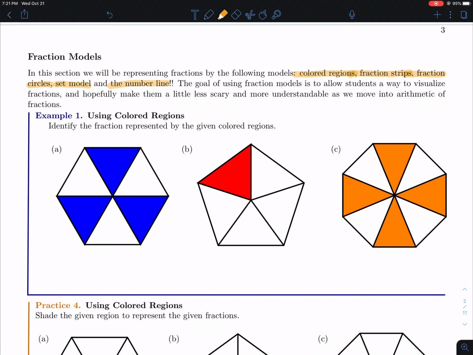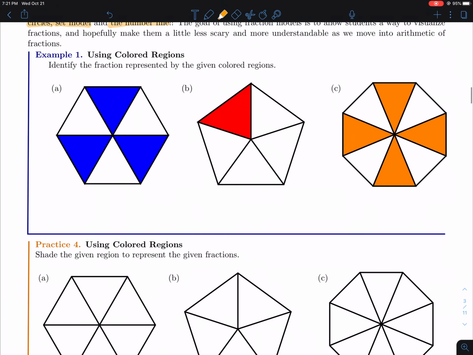So the very first question or example here shows us a couple different colored regions that we had and wants us to identify the fraction represented by the colored regions. What I like to do first is always figure out how this thing's divided up. I usually want to figure out what the denominator is first and then go back and figure out how many parts I actually have shaded in.